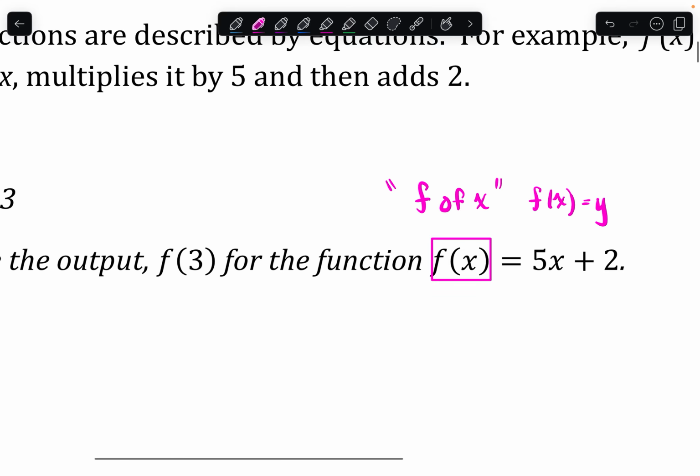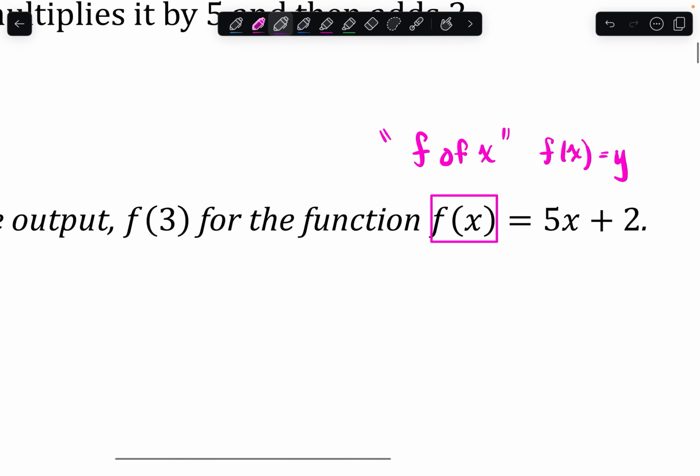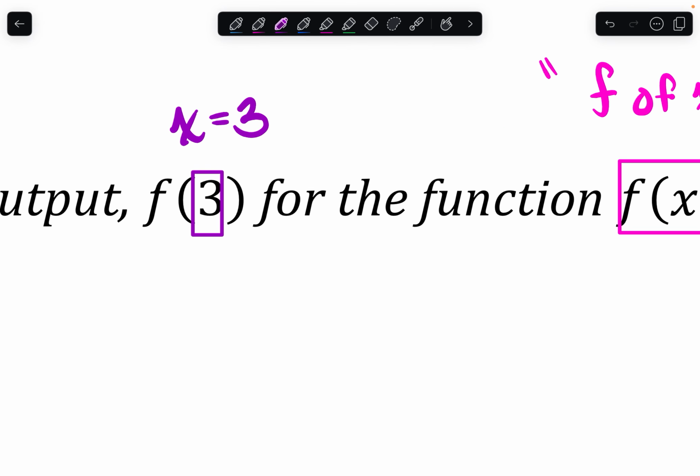All right, so we're asked to calculate the output f of 3. If we look at the notation here, f of 3, this is telling us that the x value is 3. So technically we're being asked to find, remember f is a fancy name for y, y if x is equal to 3.